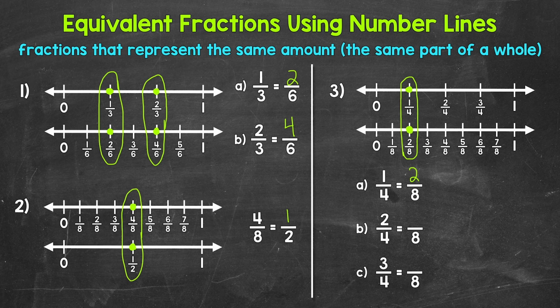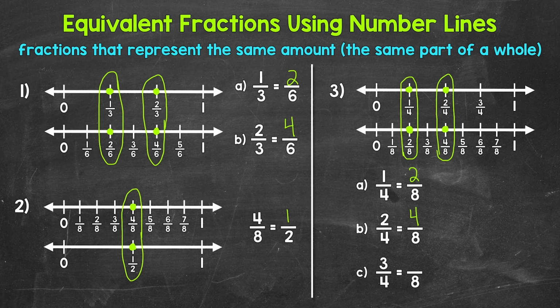So that was A. Now let's move on to B, where we have 2/4 is equivalent to how many eighths? 2/4 is right here on the number line. And if we look right below, we can see that 4/8 is at the same place. These are equivalent fractions. 2/4 and 4/8 are equivalent.